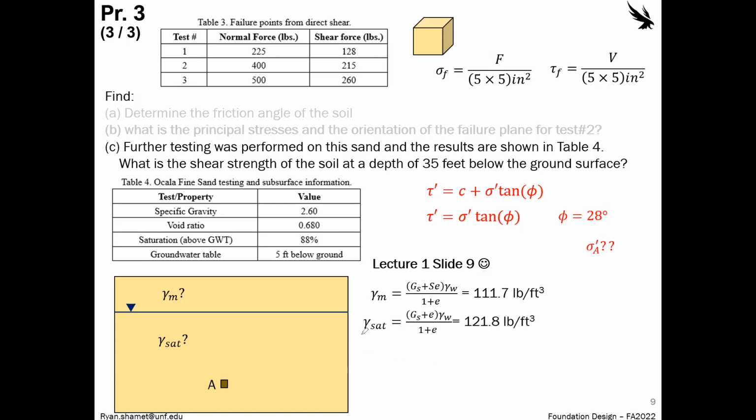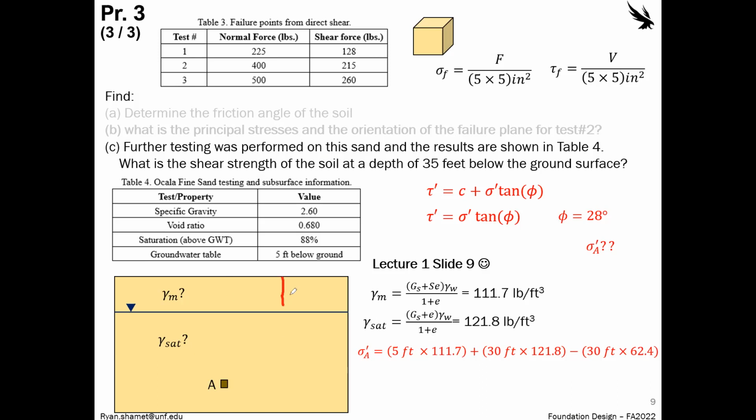Now you can also find the saturated version of this by just plugging in 1 here, or you see a new equation shown there. Remember, the unit weight of water in these units is 62.4 pounds per cubic foot. So once we have these, then we just go back to our Geotech 1 understanding of finding the effective stress.